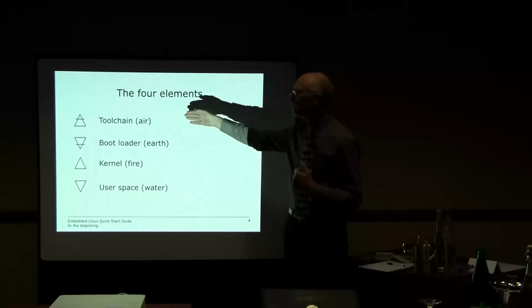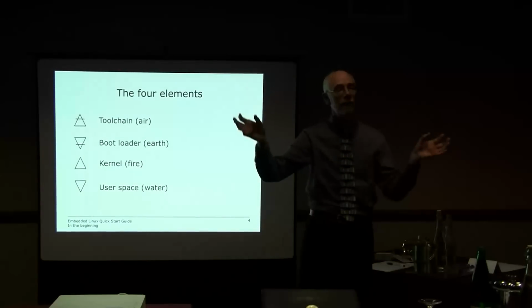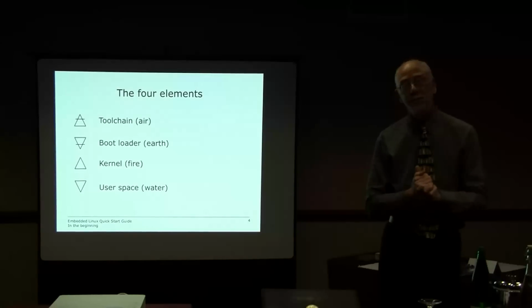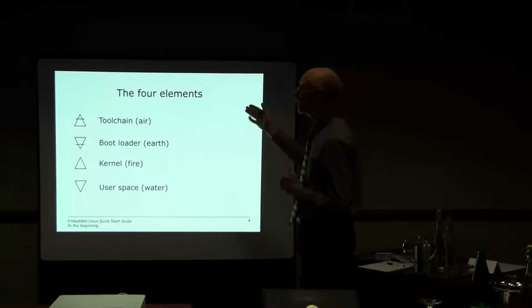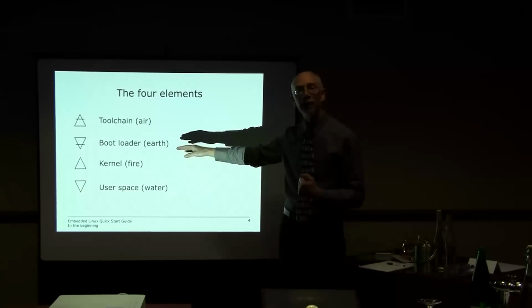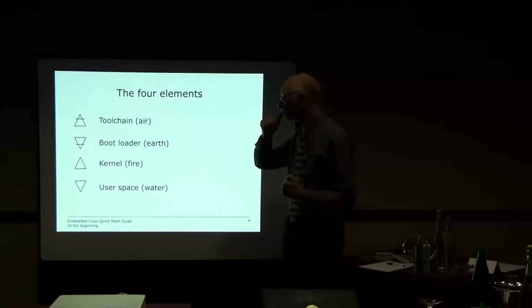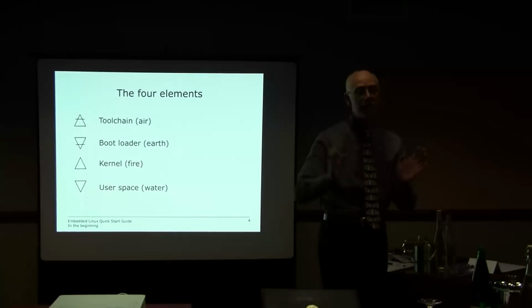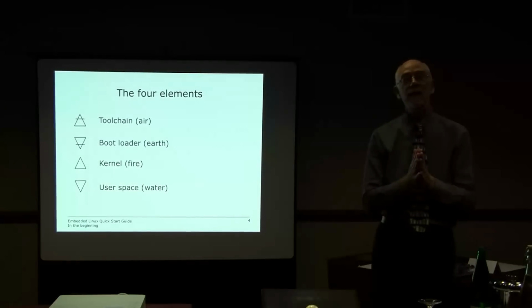So I thought the toolchain would be air, because it's kind of all around, it makes everything else breathe. Everything else depends on it. The bootloader, since it's at the bottom, obviously is the earth, so that kind of makes sense. The kernel is the fire, that's the thing that makes everything burst into life. That's the engine that drives everything along.